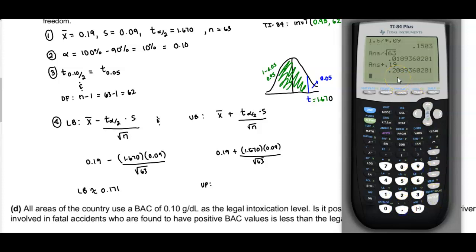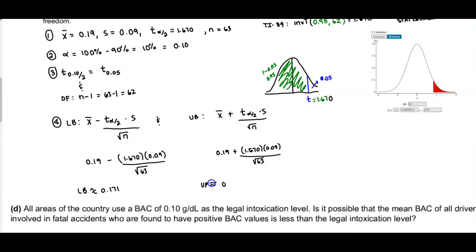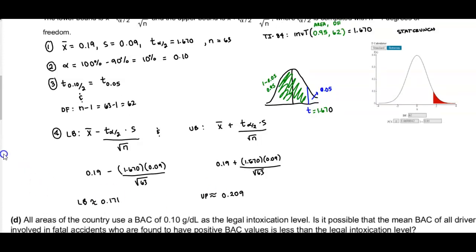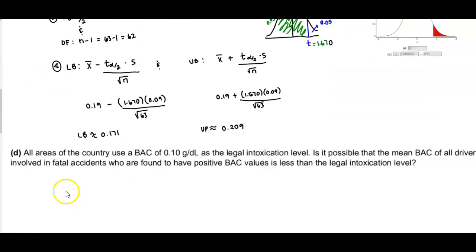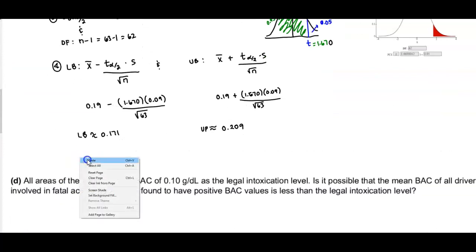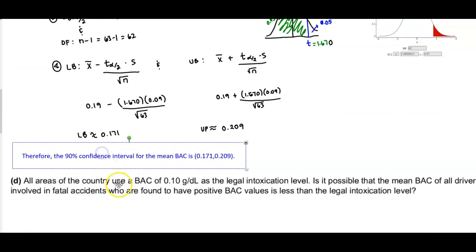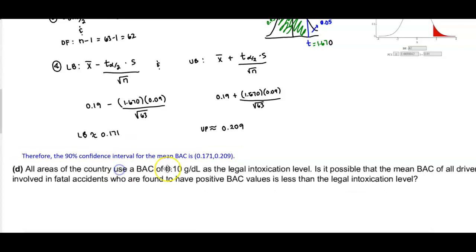And so here, if we round this to 3 decimal places, this is 0.209. And so therefore we can state that the 90% confidence interval for the mean BAC is between 0.171 and 0.209.